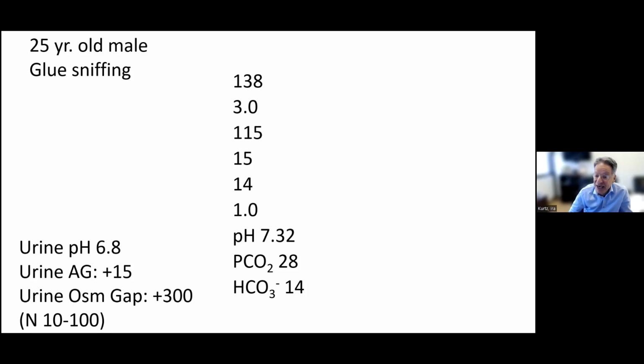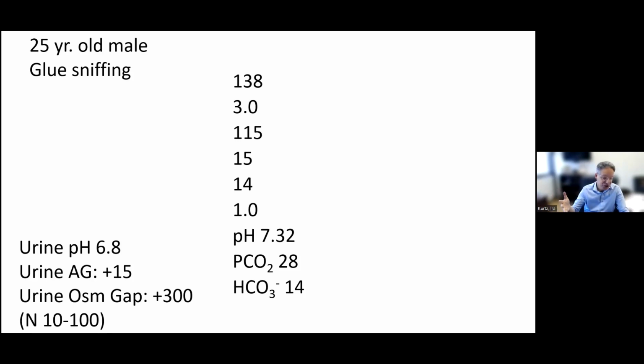So if the unmeasured anions go up to a greater extent than the urine ammonium went up, right? Now you've got unmeasured anions minus unmeasured cations. To turn that into chemical substances, we're talking about hippurate minus NH4+. If the hippurate concentration in the urine went up to a greater extent than the NH4+ went up, your difference is going to be 0 or positive, but it won't be as negative.